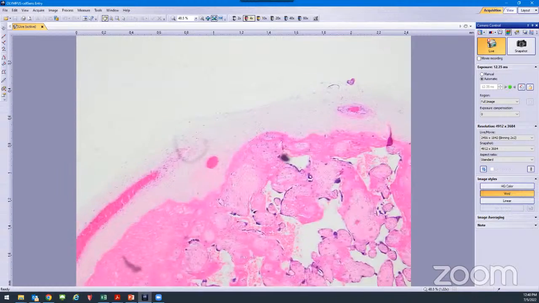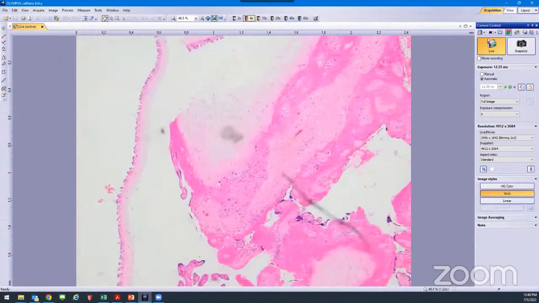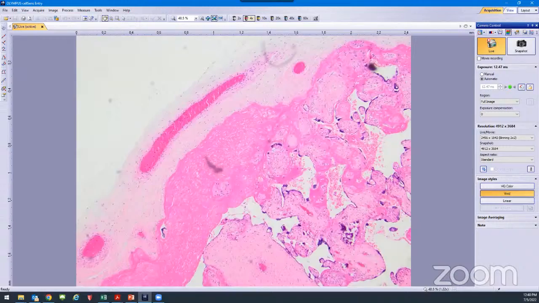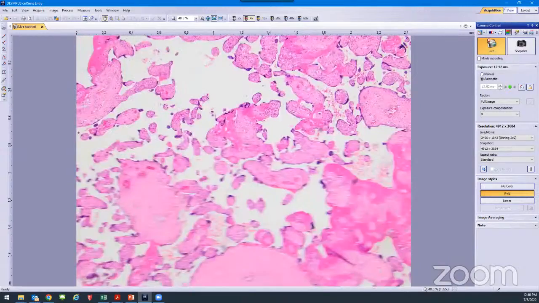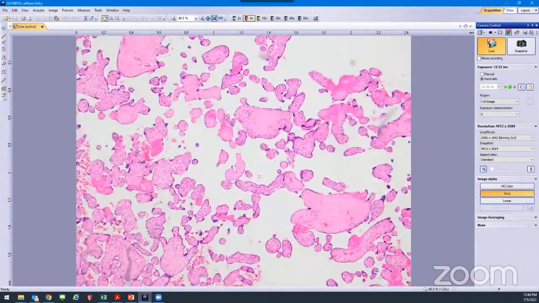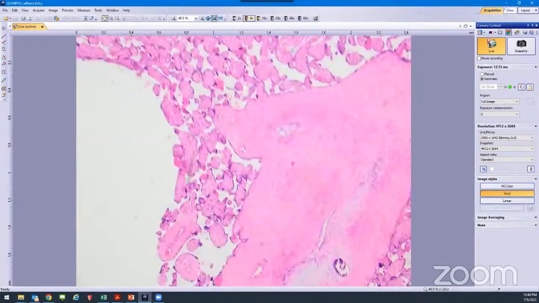So I start up here and I look at the chorionic vessels, which in this case look okay. And then as I move down towards the maternal surface, I'm looking at the fetal blood vessels. I'm looking at the villus maturity. And here we find something.